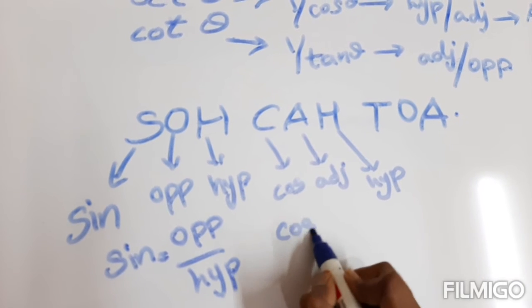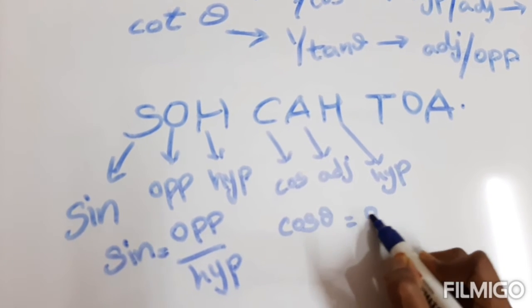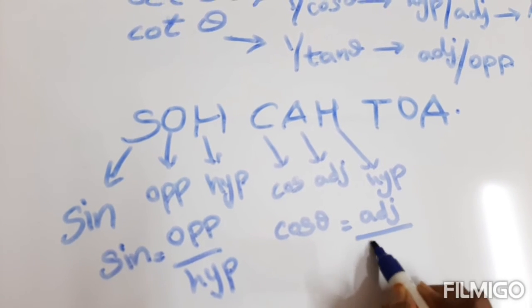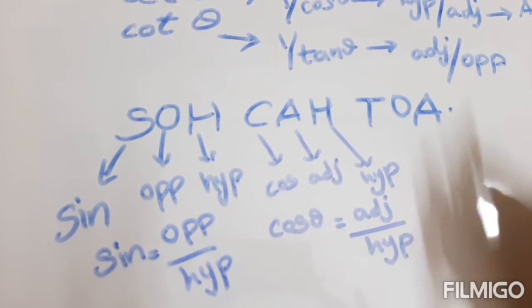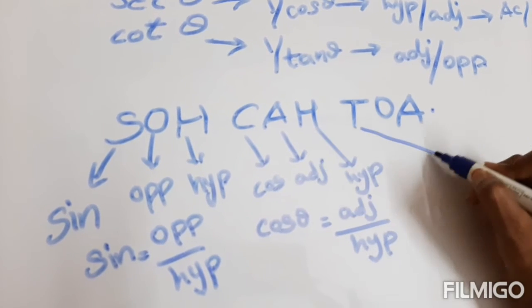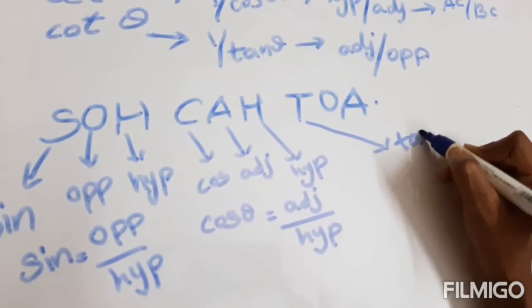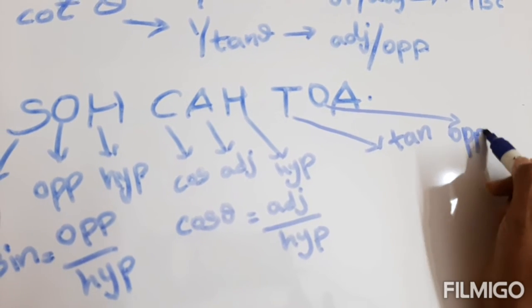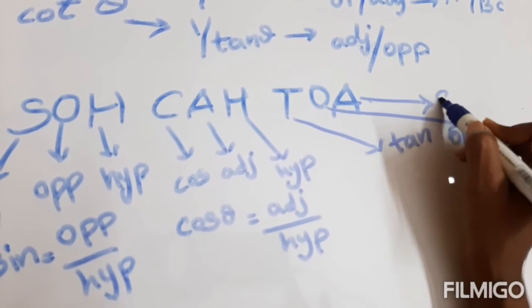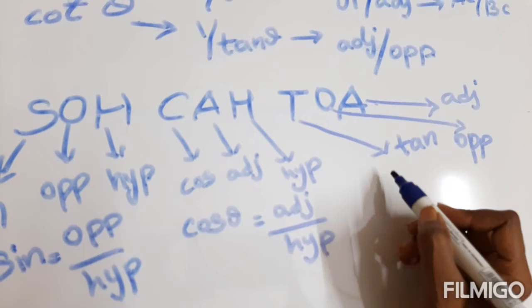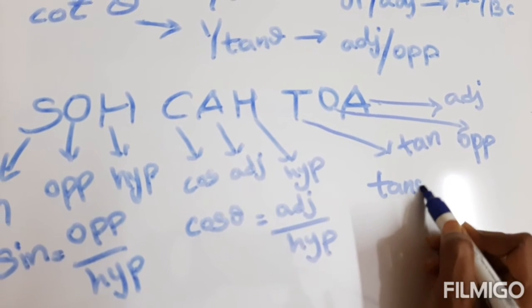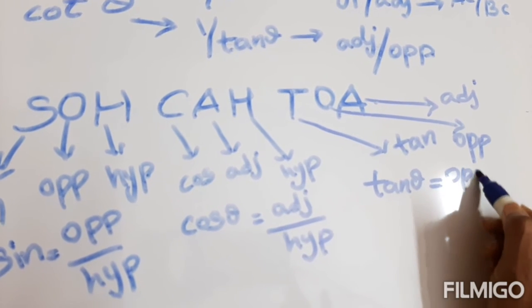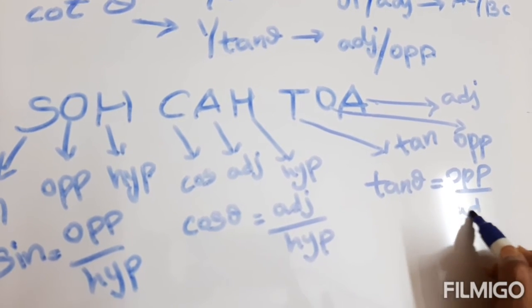The formula for cos theta is adjacent over hypotenuse. And here T indicates tan, O represents opposite, and A represents adjacent. The formula for tan theta equals opposite over adjacent.